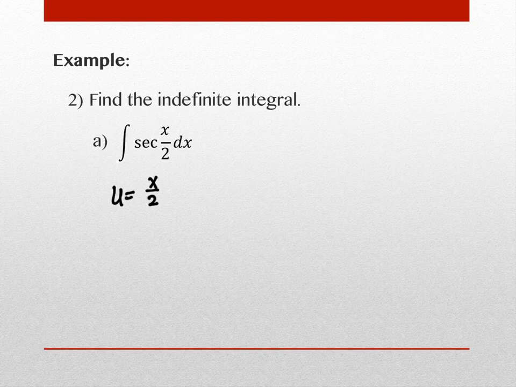So what is the derivative of x over 2? 1/2. And then dx, right? Now, I don't have a 1/2 in the problem, so I need to move this 1/2 to the other side, and I do that with multiplication. So 2 du is equal to dx.